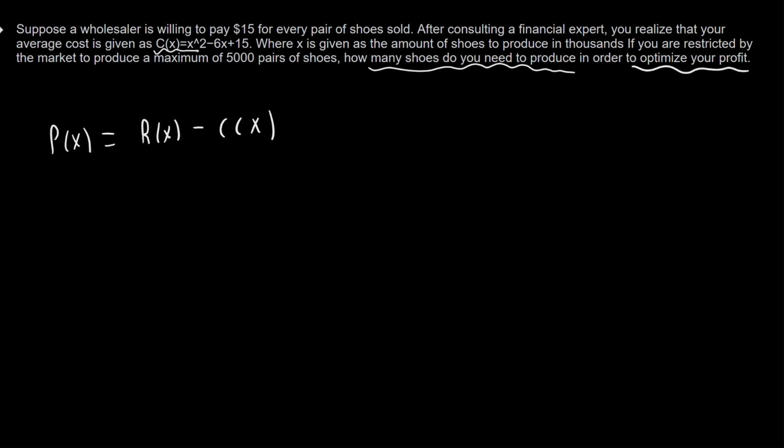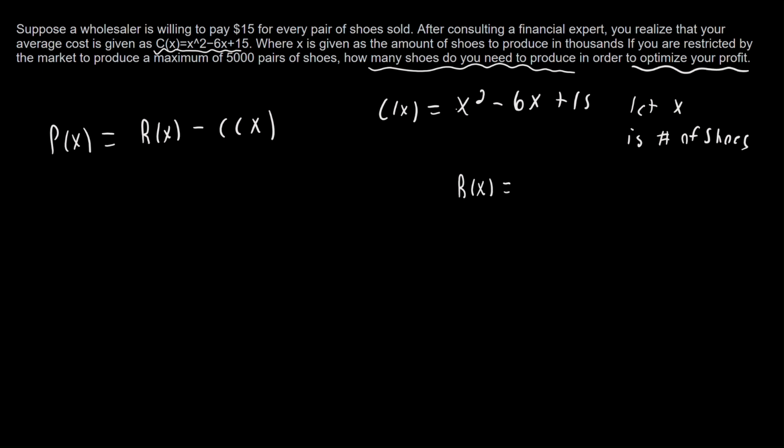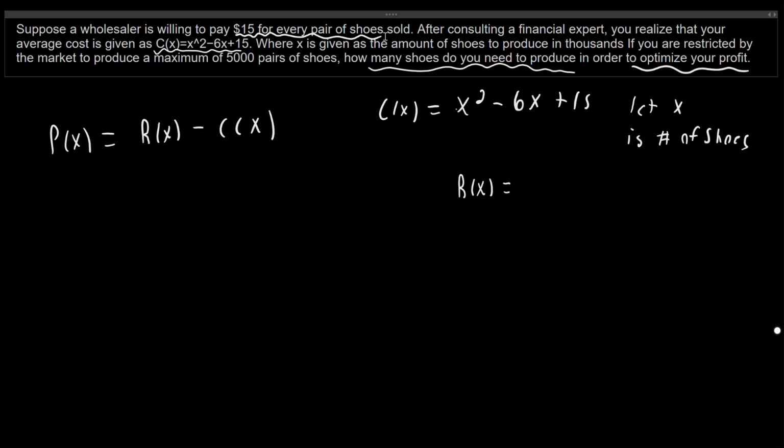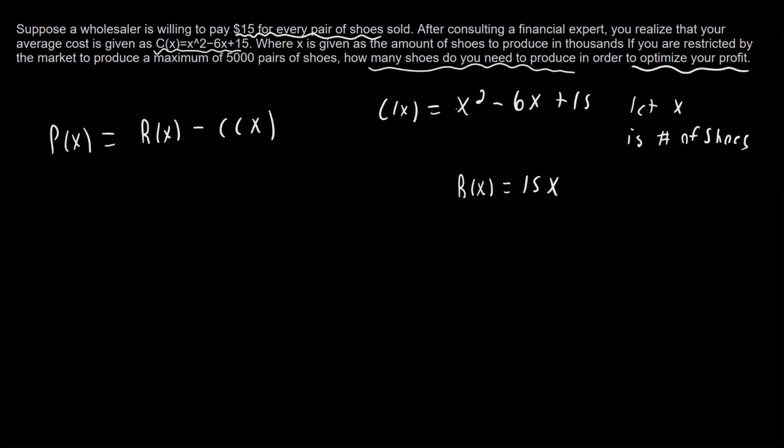As we know, profit equals revenue minus cost. So the cost function, it already gave it to us as x squared minus 6x plus 15, where x is number of shoes. And the revenue will just be $15 times x, which is the number of shoes sold.